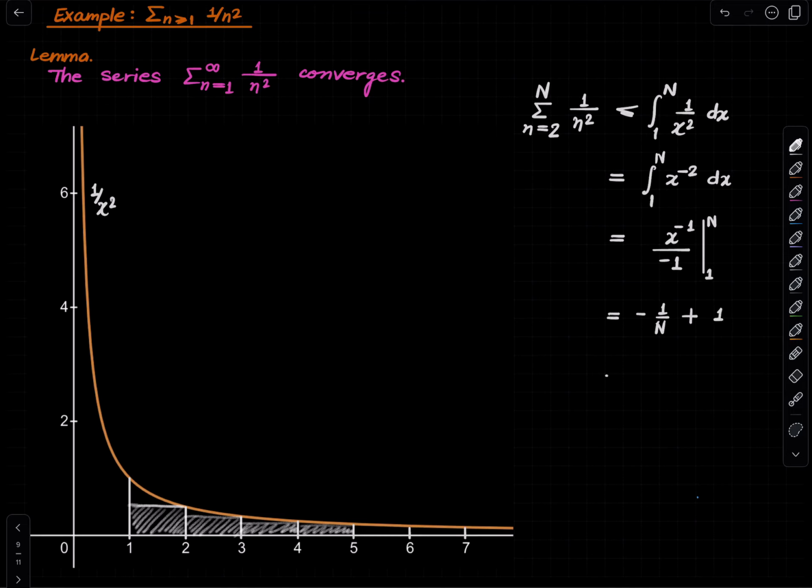So 1 minus 1 upon n. That's what it is. So as n increases, this thing will be at most 1, right? And that's it.